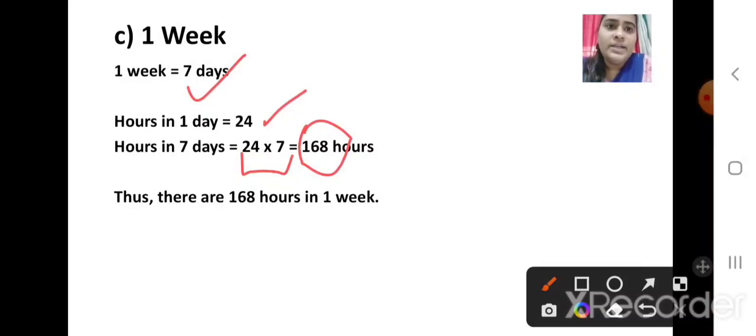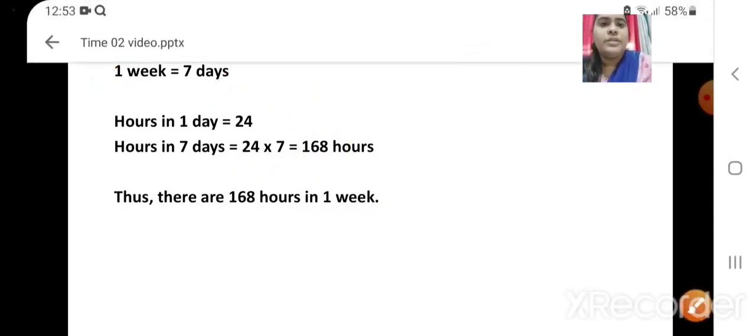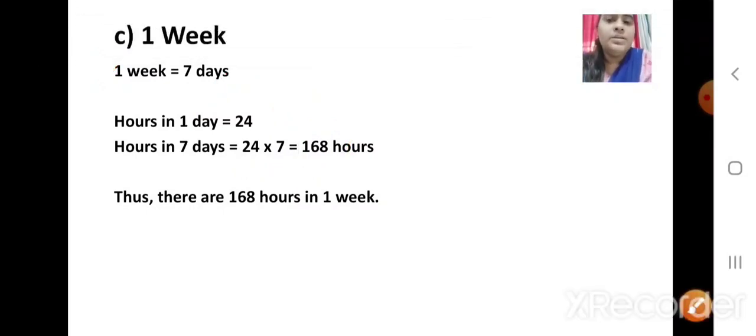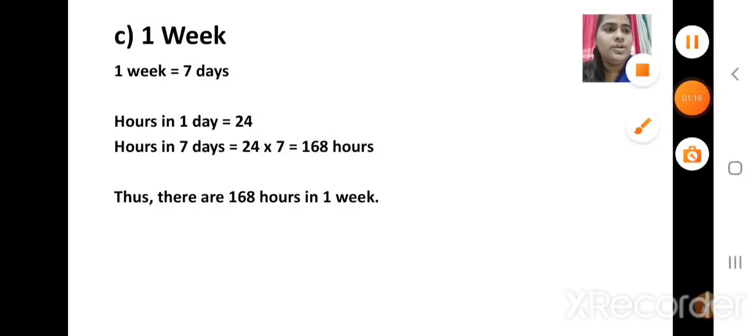So in 7 days there are 168 hours, or we can say that in a week there are 168 hours. Okay, we have to write all the steps properly, do the multiplication and write the answer. Okay, note it down children in your note.